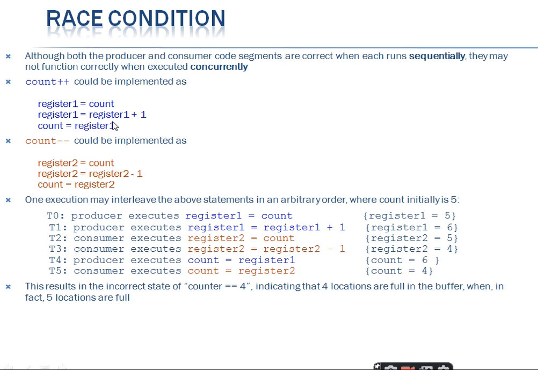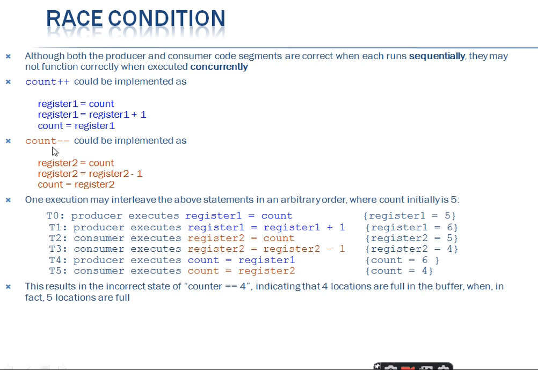Then to increment it, we increment the register value by 1, and then the incremented value is assigned to count. So register 1 equals count, register 1 equals register 1 plus 1, and then this updated value is assigned again to count. So this single line of code has three things to be done in the background.